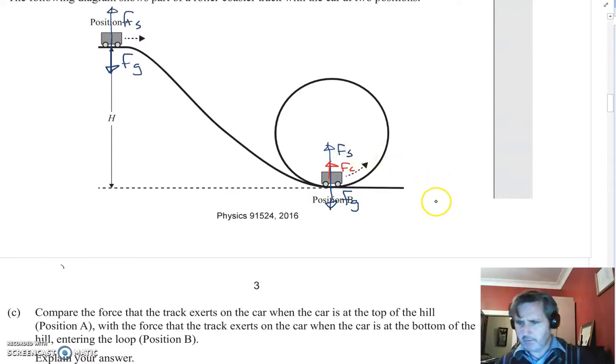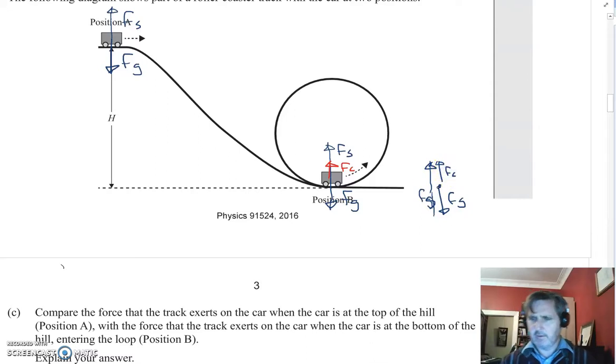So you can imagine if I drew the gravity here, here's my Fg, and here's my Fs. I add those together, Fs, then my centripetal force is the resulting vector. Yep.